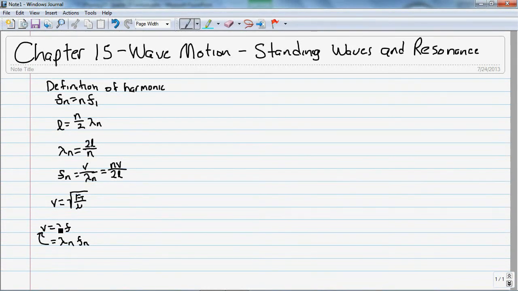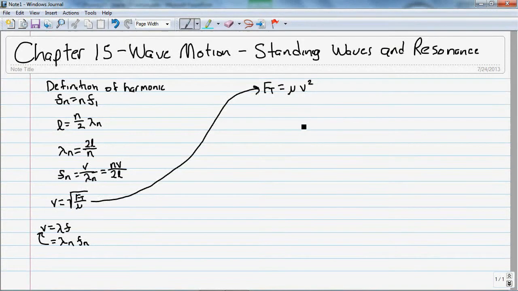The velocity is a constant based on the force of tension and the mu value. Now let's take this velocity function and let's solve for the force of tension. Force of tension is just going to equal mu times the velocity squared.